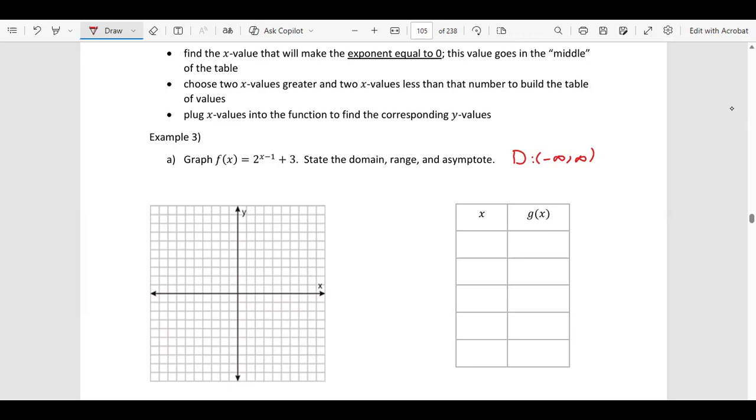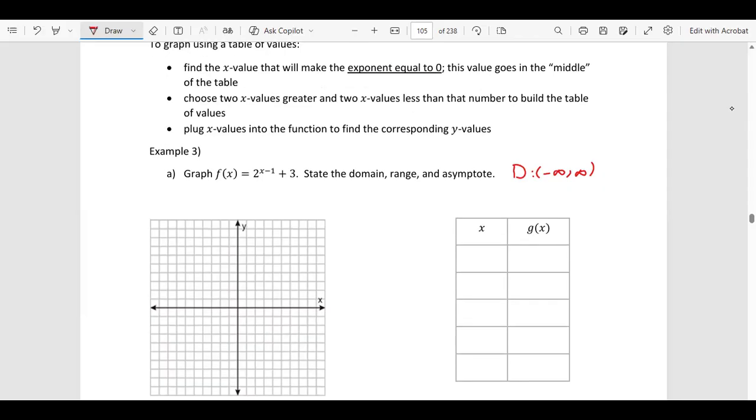But what do we do to have the best numbers, just small numbers to graph? First thing that we do, we have to find what number makes the exponent 0. Why? Because this function is an exponential function, 2 to the x power, which has some types of transformation.